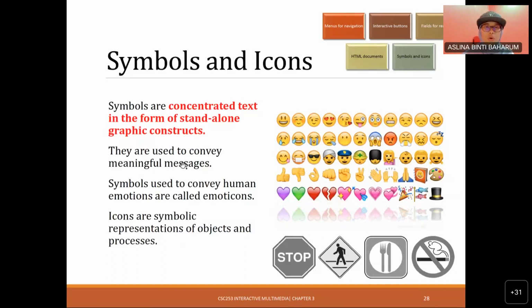So they are used to convey meaningful messages. Instead of saying, I'm happy now, you send the icon. It's much easier for people to understand, right? So icons are symbolic representations of objects and processes. Text also has meaning when you put in this sign. This one means stop.